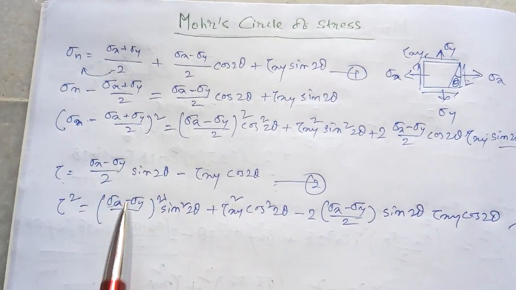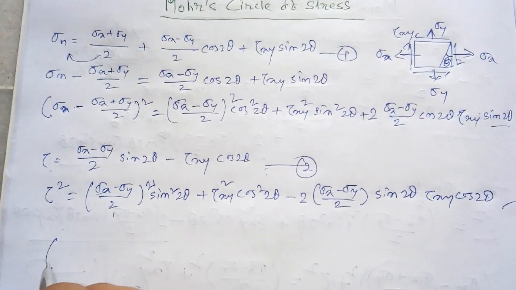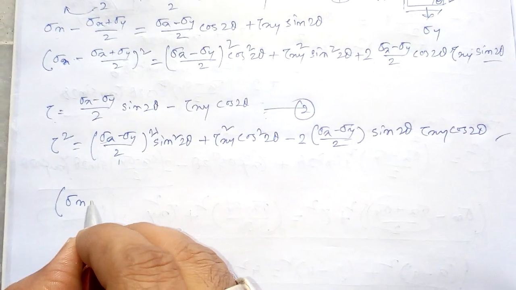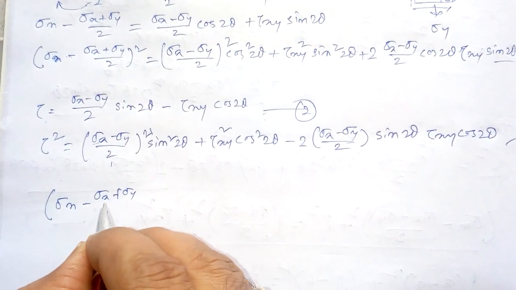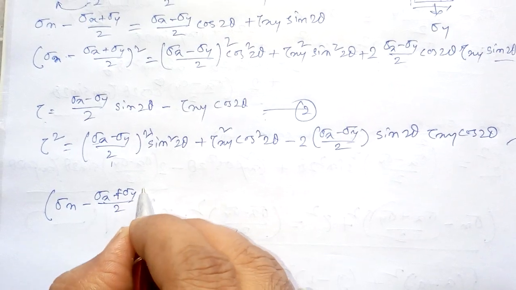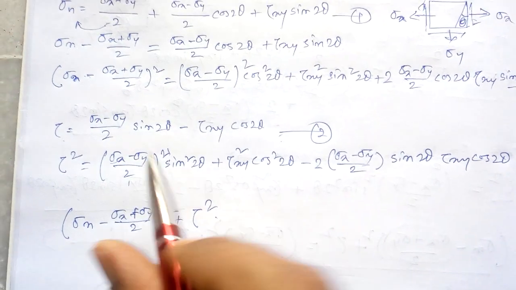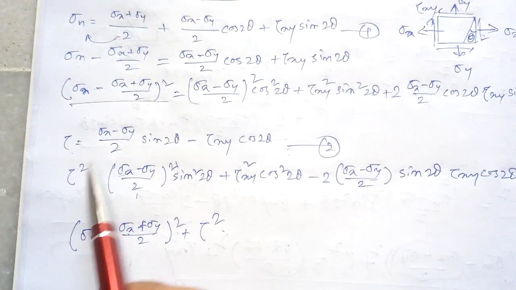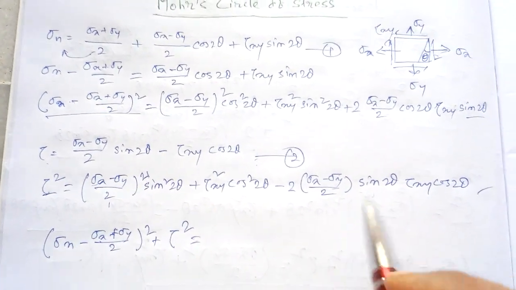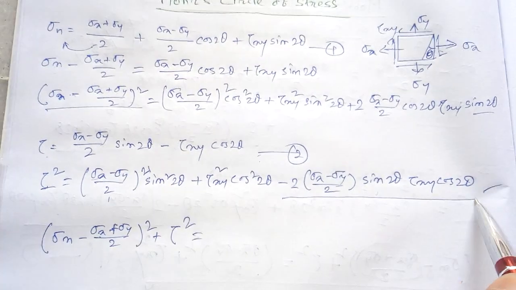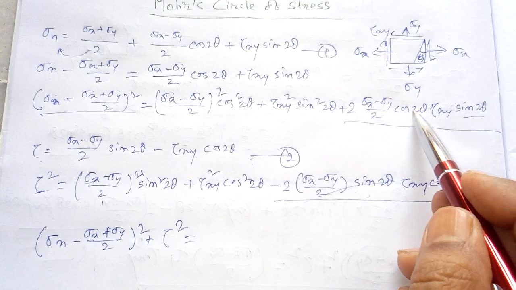So if we add these two equations, what we will get: sigma n minus (sigma x plus sigma y) by 2, whole square, plus tau square. With adding, this part plus this part is equal to, on the right hand side, this whole part and this whole part are the same but different in sign, so this will be omitted.